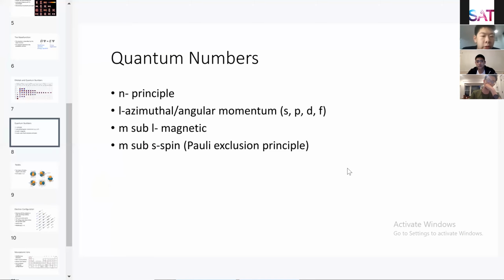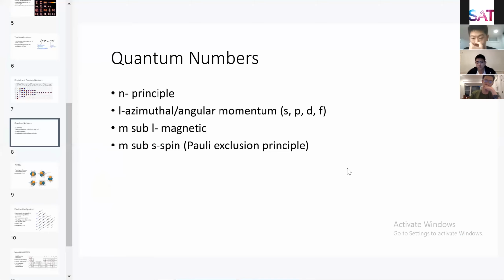Okay, so m sub L, I can't write the subscripts here. It's m with a subscript L, the magnetic quantum number. This describes the orientation of the orbital in space, like is it on the x, y, z axis. The values of m sub L are all integers from negative L to positive L. So let's say L was 2, then m sub L could be -2, -1, 0, 1, and 2.